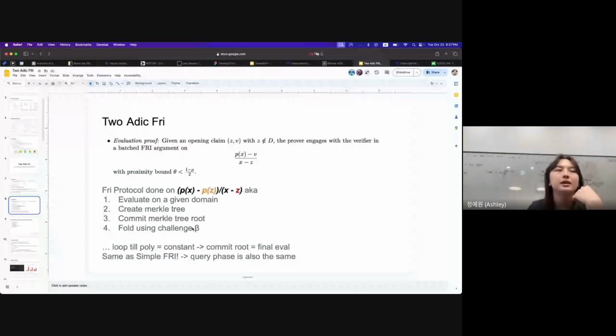But here I found the final evaluation is not a constant. It's a polynomial that has a degree, because they don't go all the way to the top because there's a blowup factor. What we want to prove is that the given polynomial has degree less than some certain d.